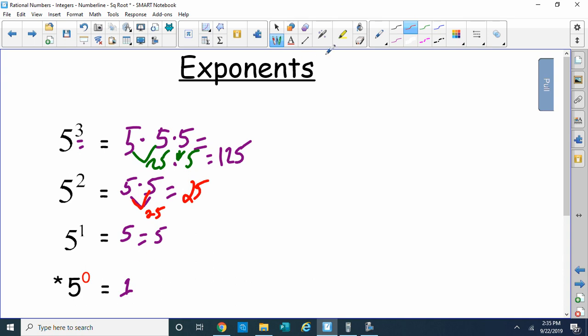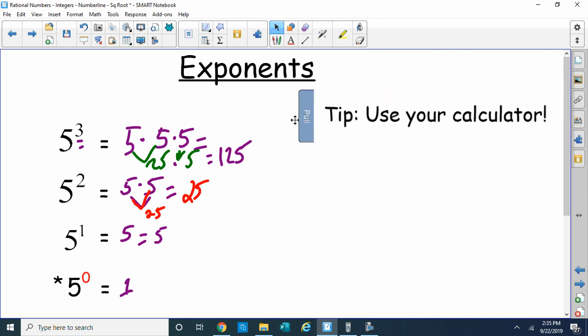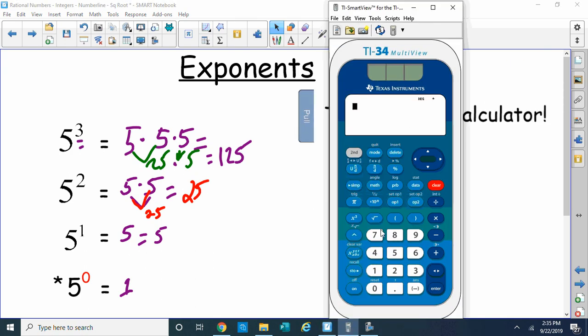So my tip for the test would be to just use your calculator. Let me get my calculator for a quick second. So 5 to the 0 power on my exponent arrow, if you check our technology video using exponents. There's the exponent button, and I'm going to press 0. 5 raised to the 0 power, press enter.